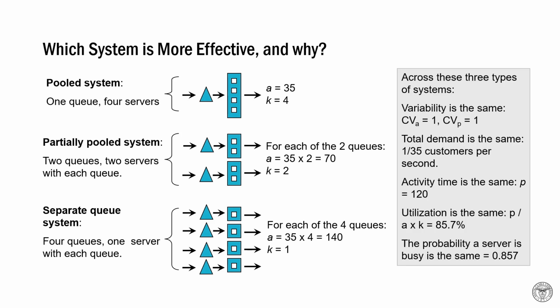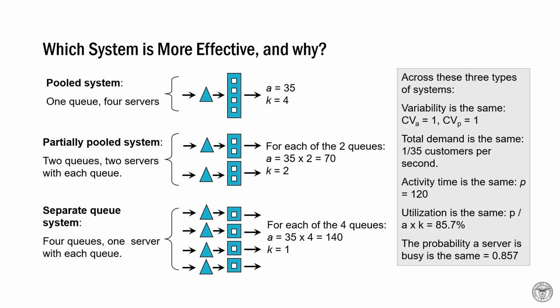Despite the structural differences, these systems maintain the same variability. CVA equals 1, CVP equals 1, total demand 1 over 35 customers per second, activity time P equals 120, and utilization 85.7%.